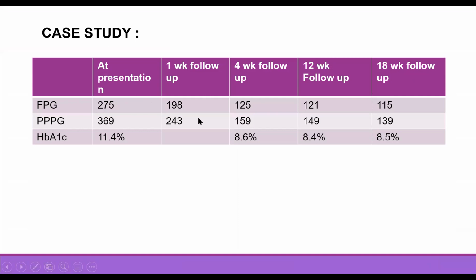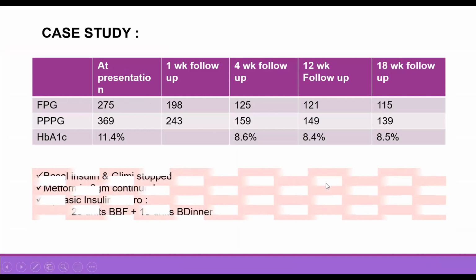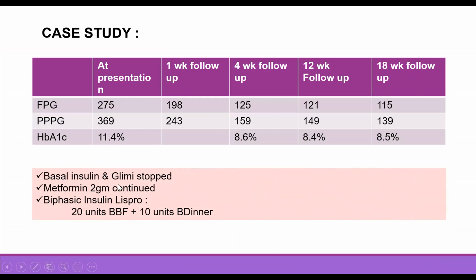Now coming to the patient, because the patient has higher daytime blood glucose, we have stopped the glimepiride. When we switch the patient to premixed insulin, we usually stop sulfonylurea. We continue metformin 2 gram, and we started biphasic insulin lispro 20 minutes before breakfast and 10 minutes before dinner. We have given 30 units.